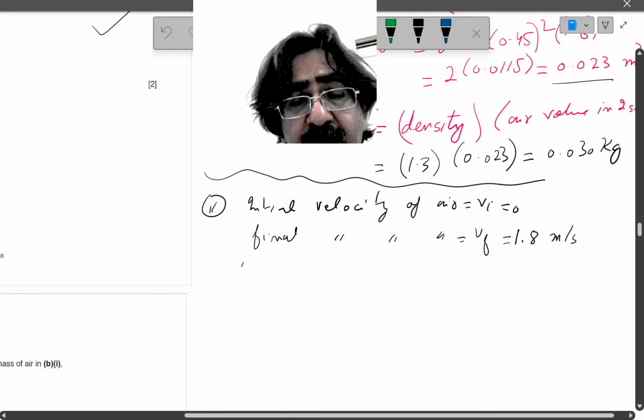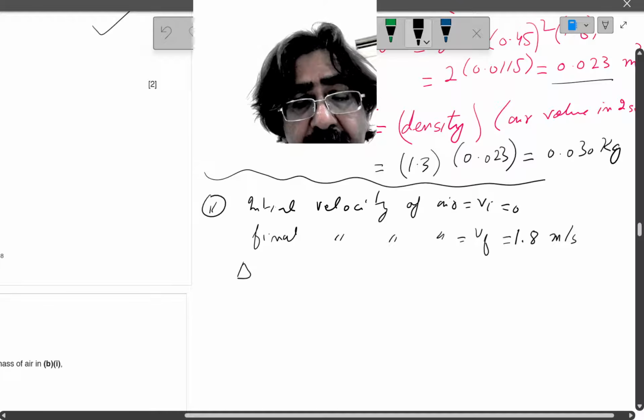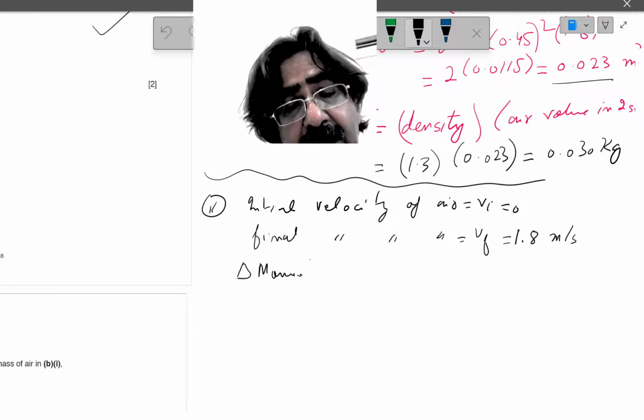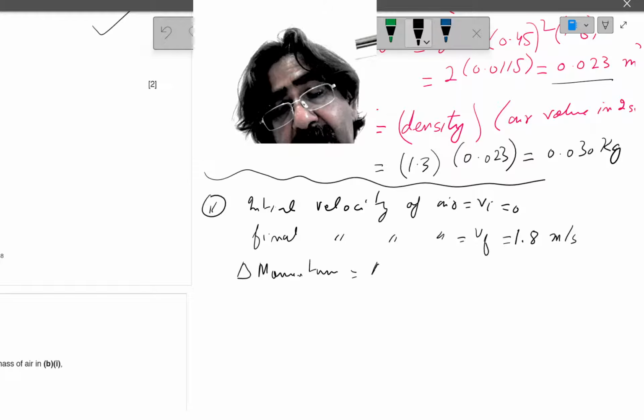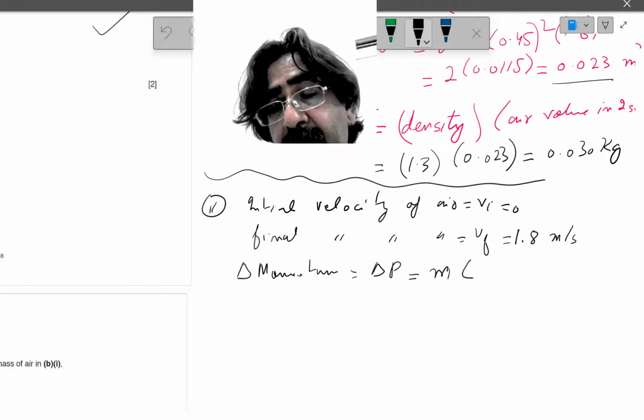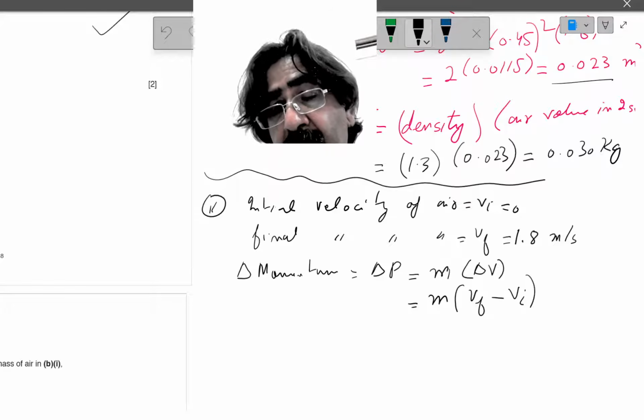Change in momentum delta P will be equal to m times Vf minus Vi.